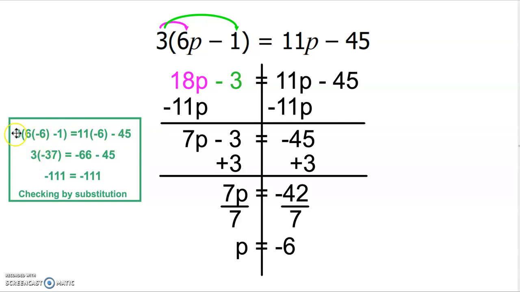So working the left-hand side, we get 3 times negative 37 equal to negative 66 minus 45. 3 times negative 37 is negative 111, and negative 66 minus 45 is also negative 111. So checking this by substitution, we got our answer correct.